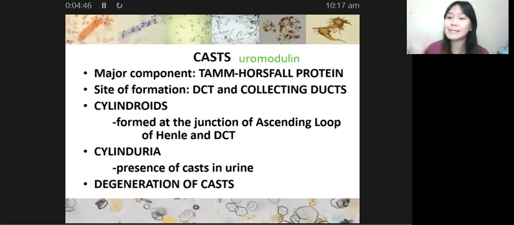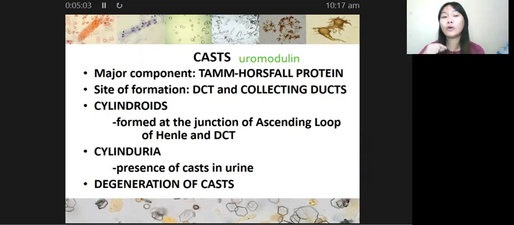So the sole site of origin of your casts are your kidneys. That's why your casts are regarded as important indicators of intrinsic renal disease.